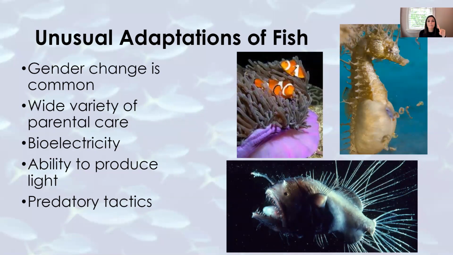When the breeding male dies, the breeding female becomes the breeding male, and an immature clownfish in the area will come in and become the breeding female of that pair. So it's really kind of an interesting dynamic that there's still lots of research being done on it.